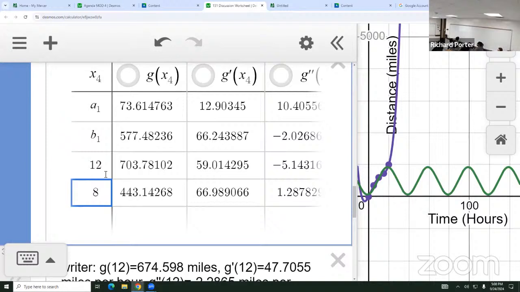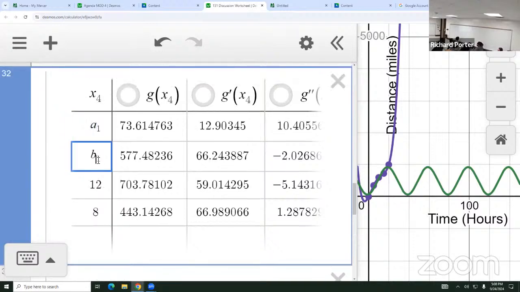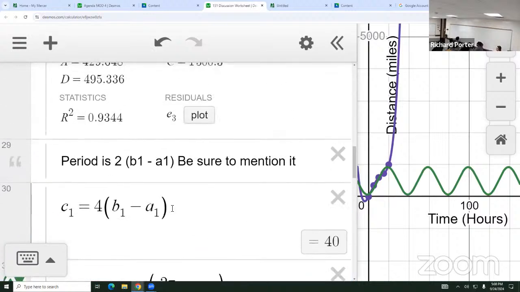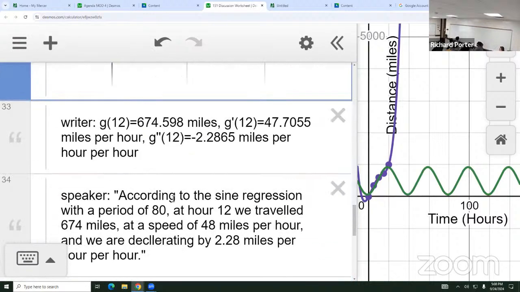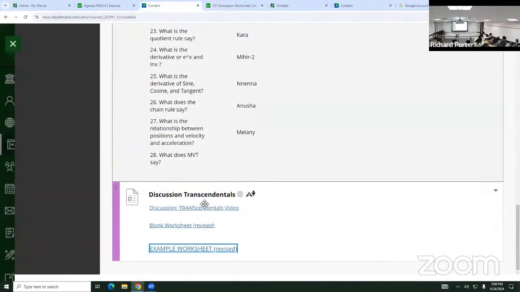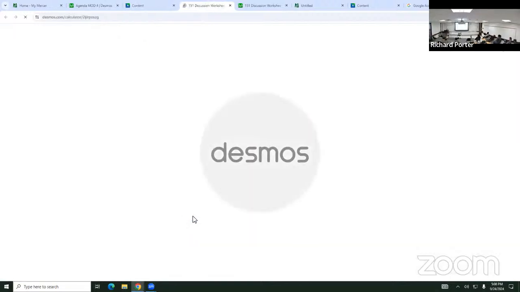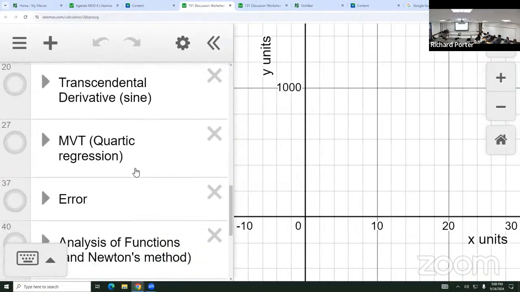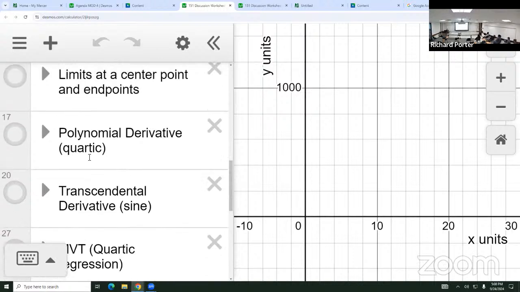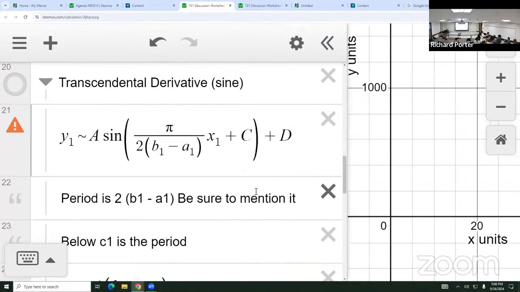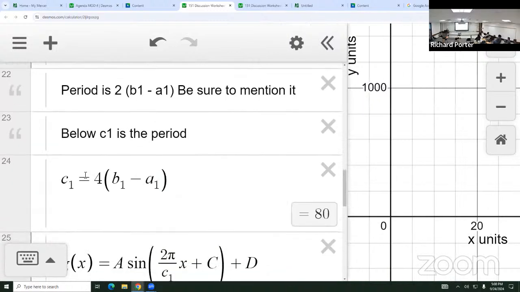So just don't leave this as A1 and B1. In order to change the period, I'm not sure if I give you an option on your worksheet. The blank worksheet might have something else on it. C1 is the period.